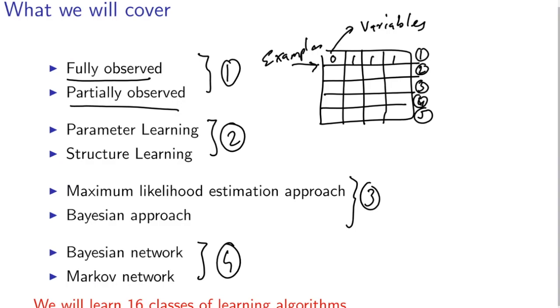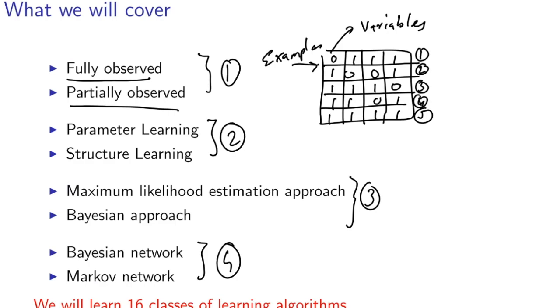So let's say the variables take binary values and all of the examples are complete. Then we call such datasets fully observed datasets. Otherwise, we say that the dataset is partially observed.